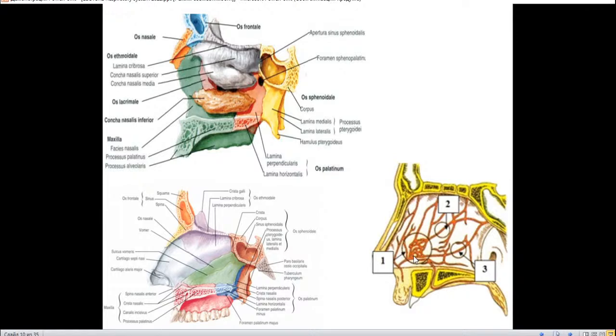It is situated about 1 cm from the anterior part in the middle, and nasal bleeding most often happens from this Kisselbach plexus.